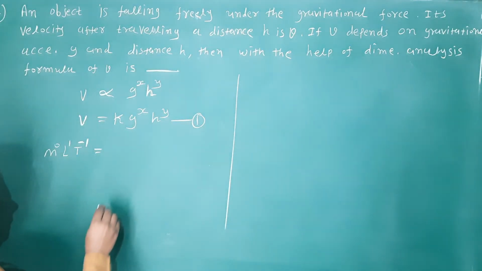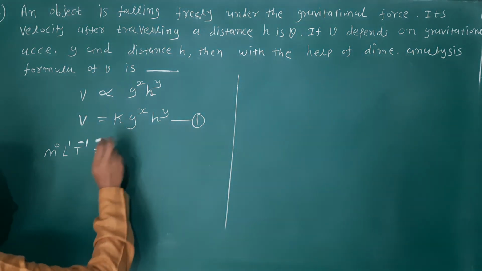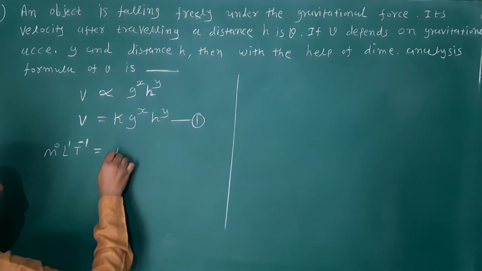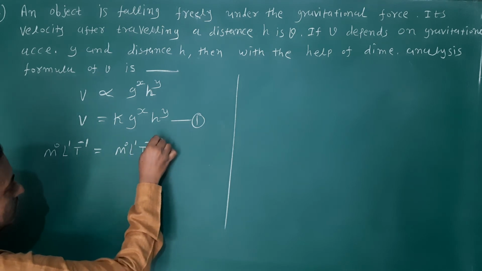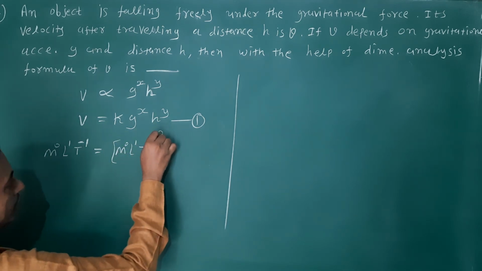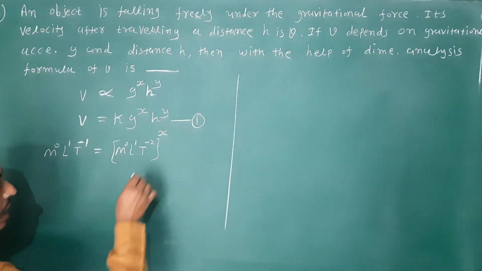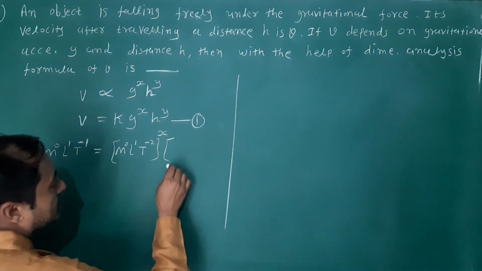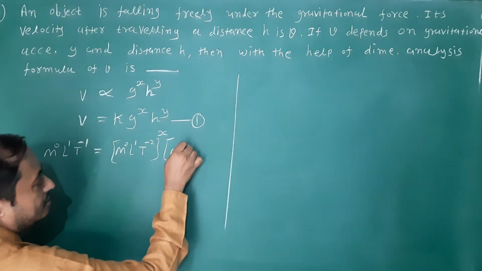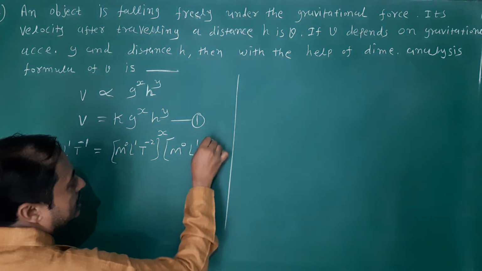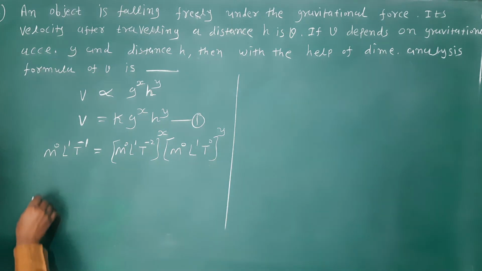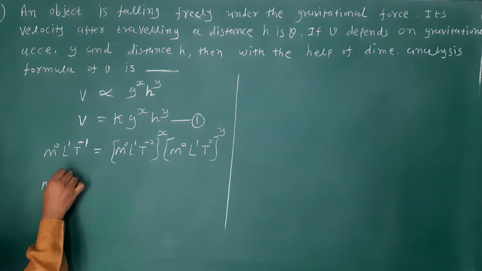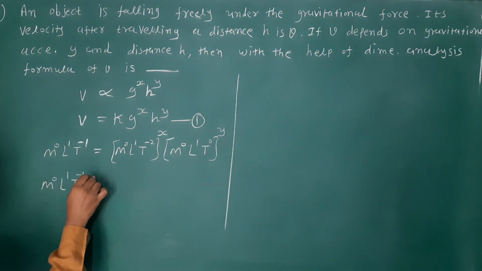But gravitational acceleration, its dimension formula is M0 L1 T raised to minus 2, all raised to x. And here h for height, so its dimension formula is M0 L1 T0 raised to y. Okay, M raised to 0, L raised to 1, T raised to minus 1.